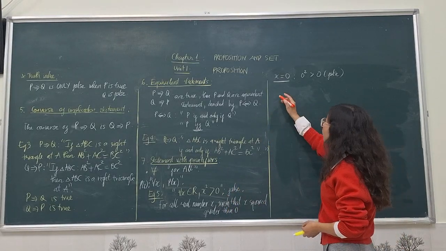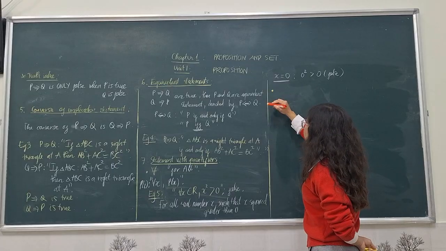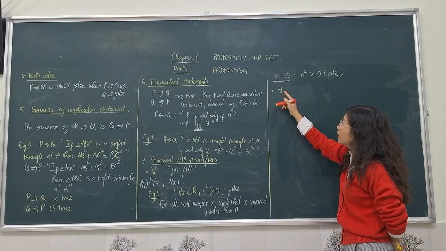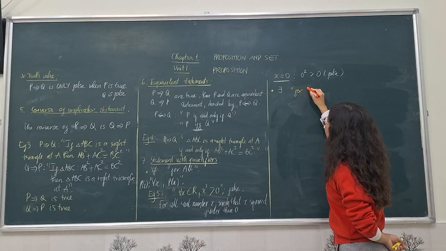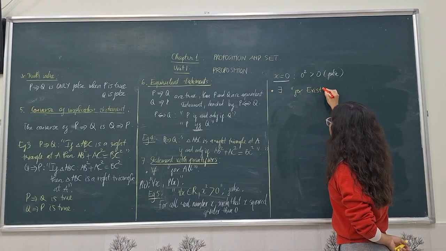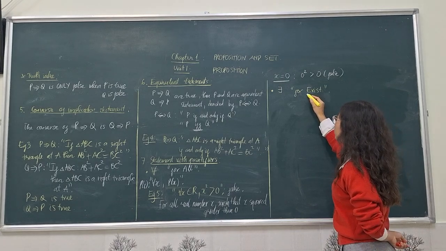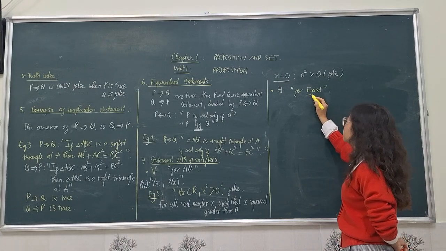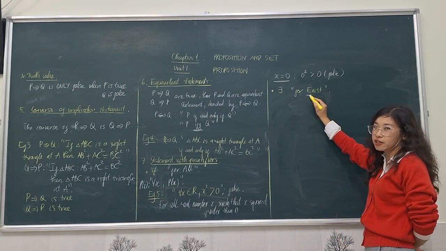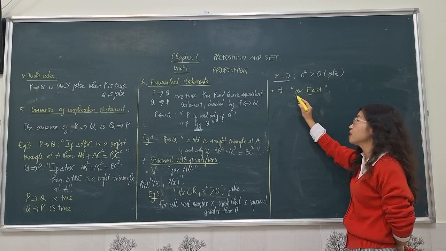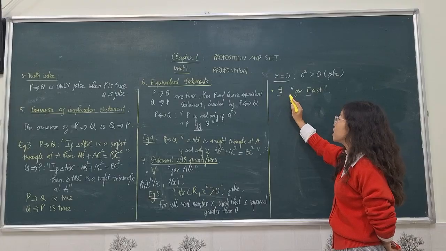Now, the second quantifier is written like this, and it's called "there exists." I have a trick for everyone here to notice the letter E. Take the capital letter E and turn it around, so we get the notation like this.